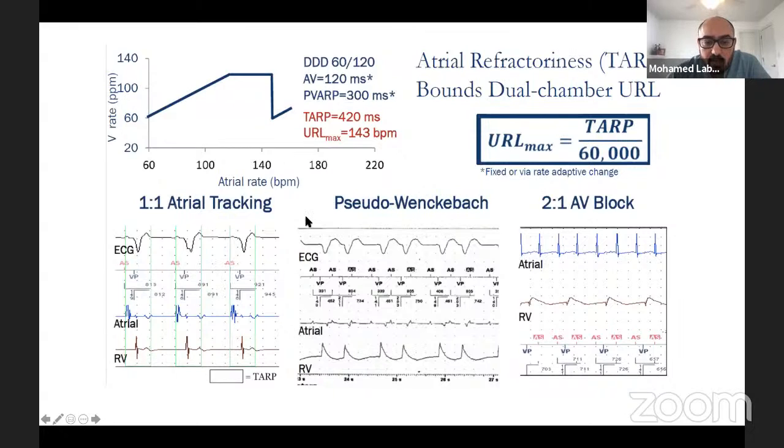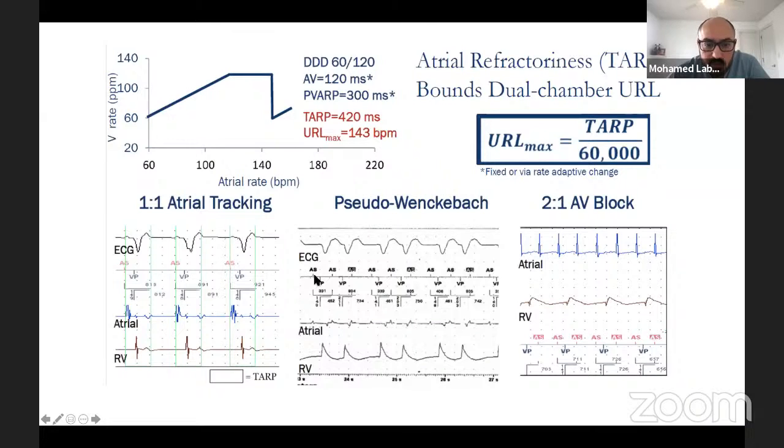One behavior, or two behaviors, that we see in those kinds of patients when they go above 120 beats per minute is the device will say, well, you told me that you want me to track the upper rate of the atrium up to 120, and after 120, I'm not sure what I'm going to do.